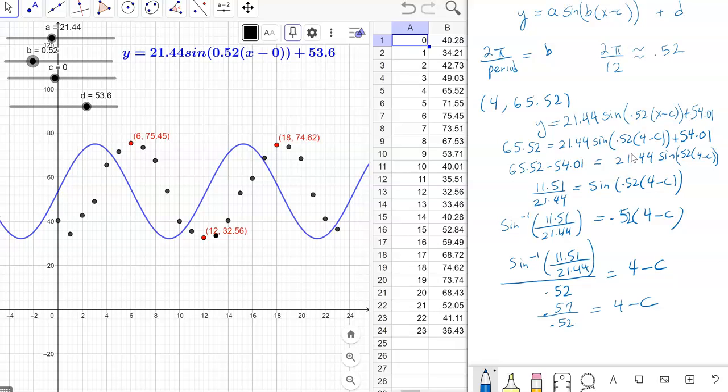So 0.57 divided by 0.52 gives me 1.096 or 1.1. So next thing I'll do is subtract the 1.1 and move the c to the other side. So c would be 4 minus 1.1, and that is 2.9.